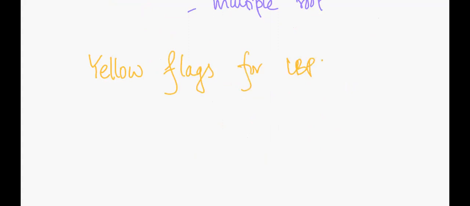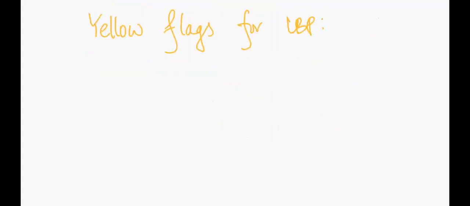So after the red flags, let's talk about the yellow flags. What are the yellow flags for low back pain? The yellow flags for low back pain are factors that increase the chance of chronicity and disability from the low back pain. What are the factors? The factors can be classified into 4 classes.